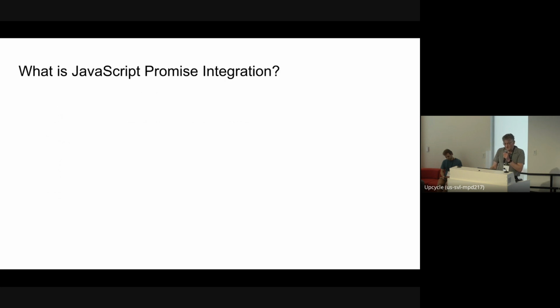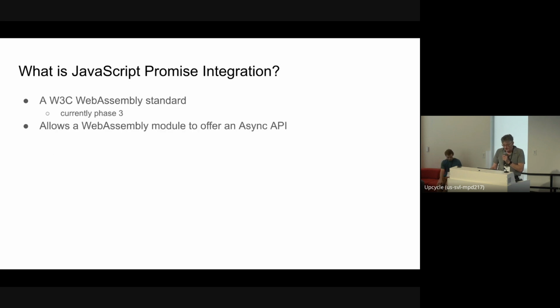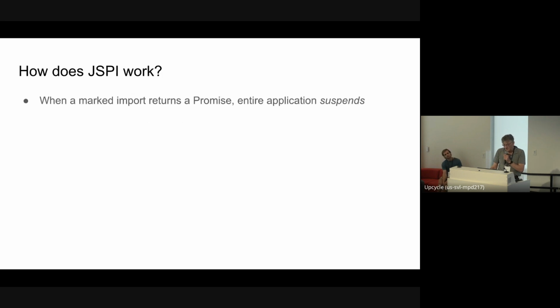So what is JavaScript Promise Integration? It's a long title. First of all, it's a W3C standard in process. It allows you to take a WebAssembly module which does not offer or use asynchronous APIs, and allow it to use and offer asynchronous APIs. It's that kind of magic glue. How does it work?